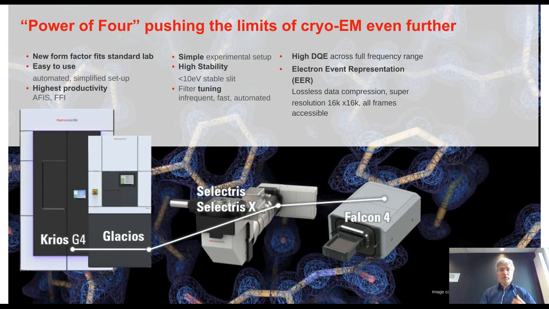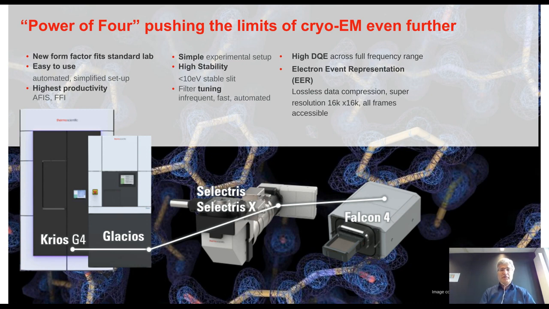And in case there would be some tuning needed, because of course there is always some alignment needed, this is going to happen very easily, because this process has been implemented into our application software, EPU and Tomography. But I will get back to that on the next slide with a little bit more detail, especially when we talk about the stability.